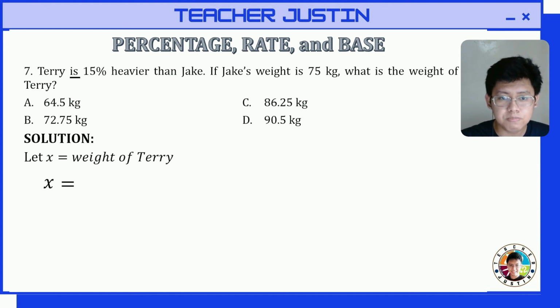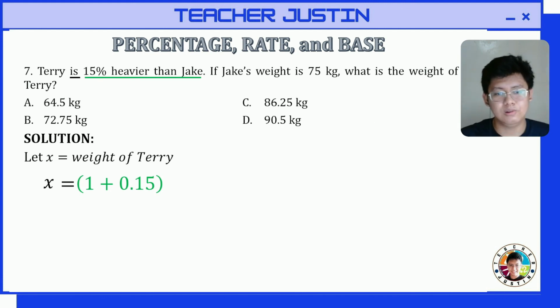So yung 15% heavier, yung weight ni Jake plus 15% nun. So that will be translated as 1, yung weight ni Jake, plus 15%. So, it will be translated as 1 plus 0.15. Tapos, yung weight ni Jake is given also, which is 75 kilograms. So, we will multiply it by the weight of Jake, which is 75 kilograms. And that's it. That will be our equation.